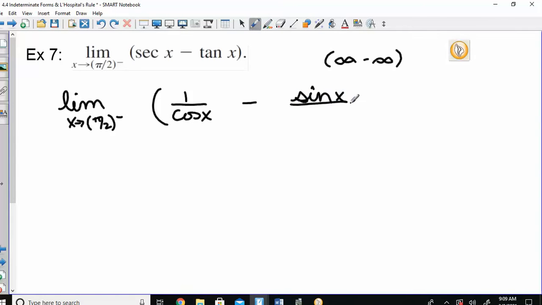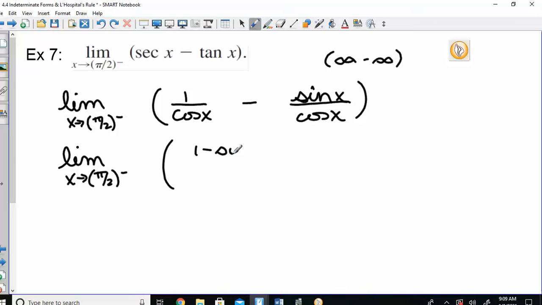Sine x over cosine x. Now, those even have a common denominator, so I could put them together in one fraction, so it'd be 1 minus sine x over cosine x.